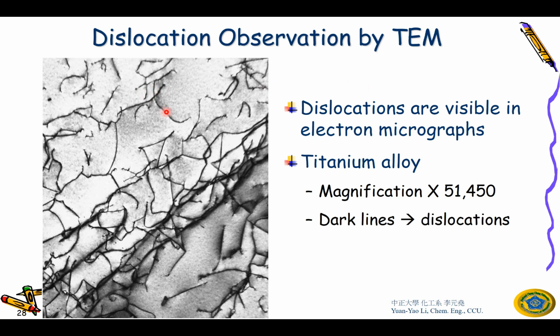So this is what we call dislocation lines visible in electron microscope micrographs. This is an example of a titanium alloy. The magnification is about 51,000. The dark lines here are what we call dislocations.